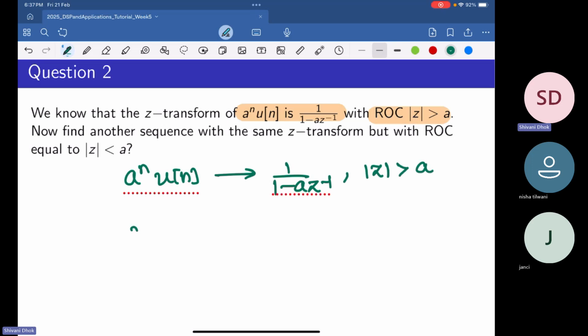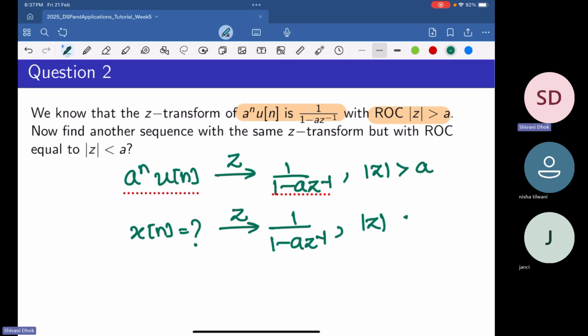Now we want to find x of n, which we don't know, with same Z transform but with ROC magnitude of Z less than a. Exactly opposite ROC. Okay.